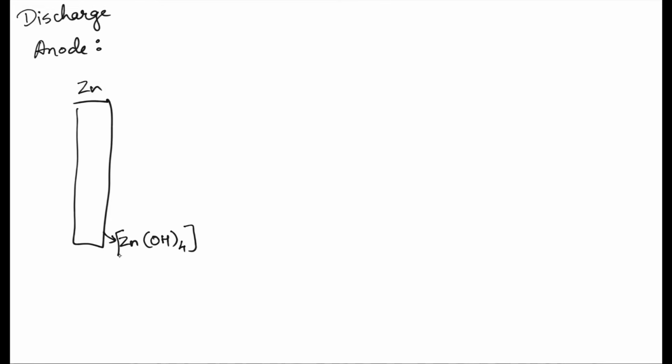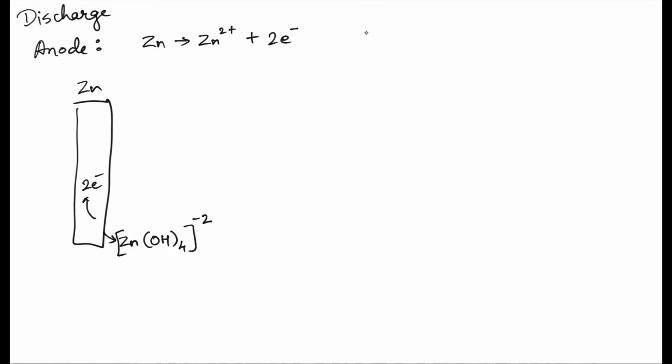At the anode, the zinc metal will first combine with the OH ions to form its first hydroxide and give off the electron. The first case we can think of is zinc metal being oxidized to form zinc ions and give out two electrons.